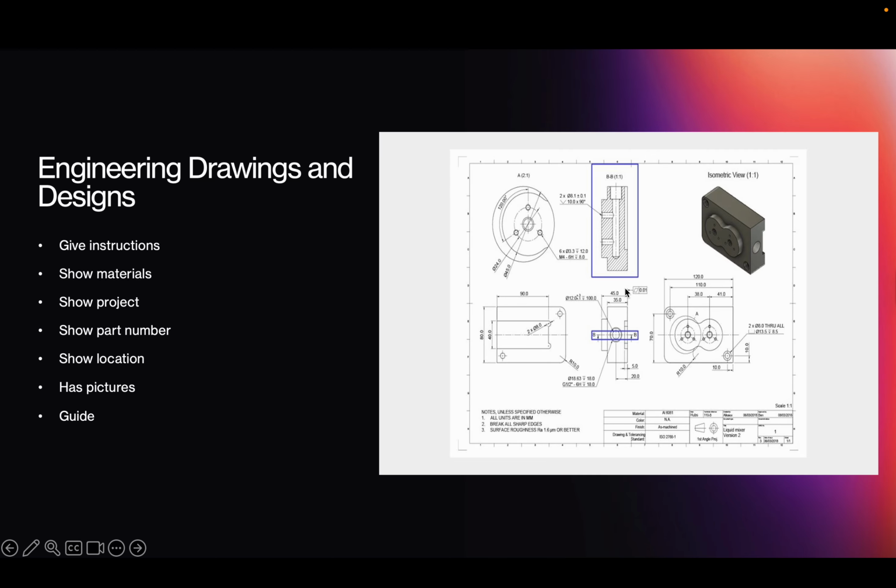So on this drawing, you can see the picture of the overall part, some dimensions, diameters, lengths, widths, and heights. Here are some basic instructions. Break all sharp edges implies that it's a fragile sort of material.